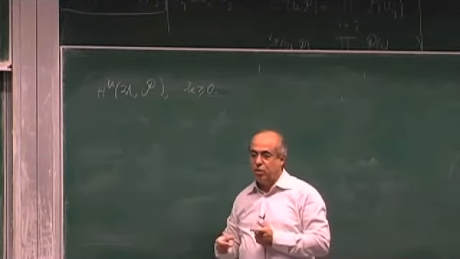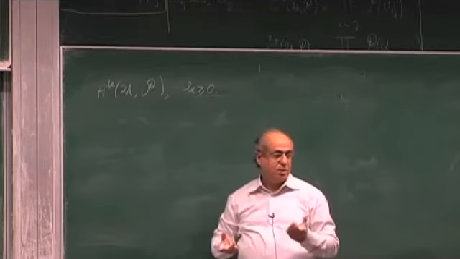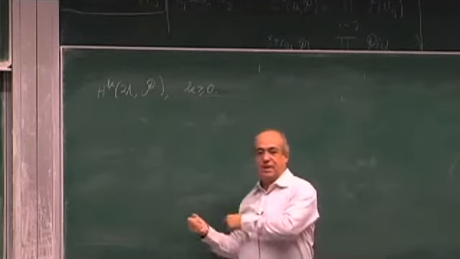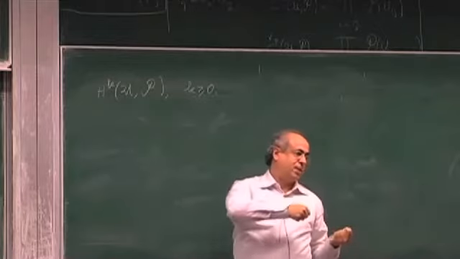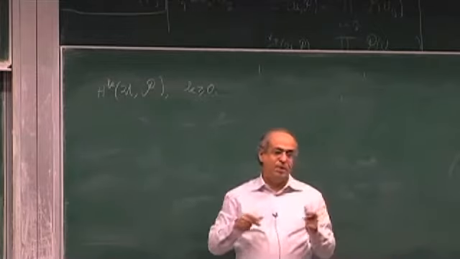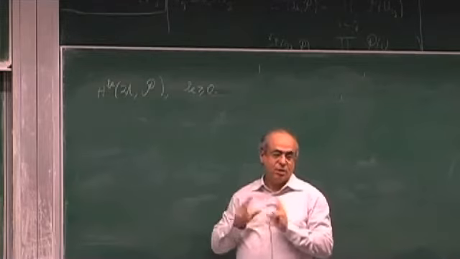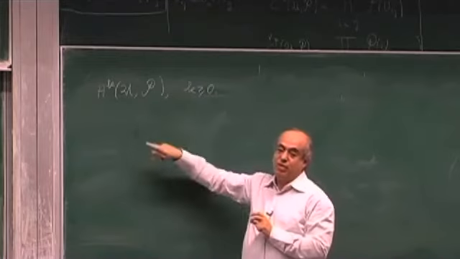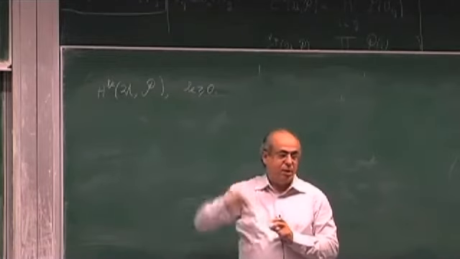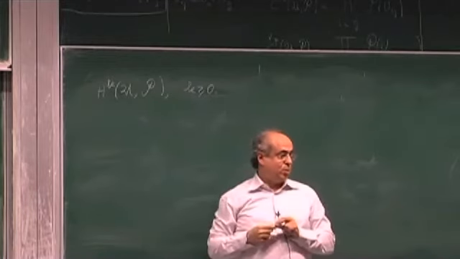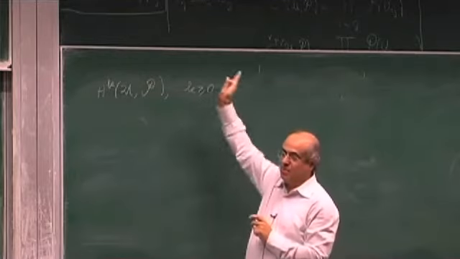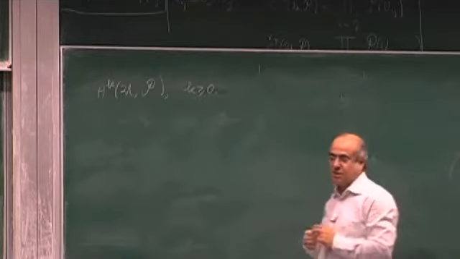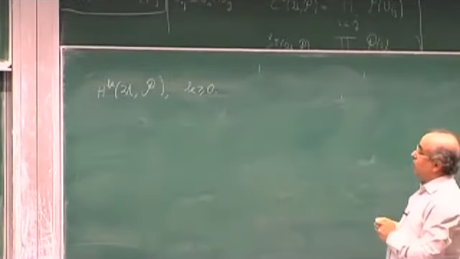If you have an open cover, you have a notion of refinement: another open cover whose open sets are subsets of the open sets of the previous cover, so the open sets are smaller, so to say. It's possible to show that when you have a refinement of an open cover, you have a map between the cohomology groups. And this is exactly an example of what I did: a morphism of complexes and the induced morphism in cohomology.